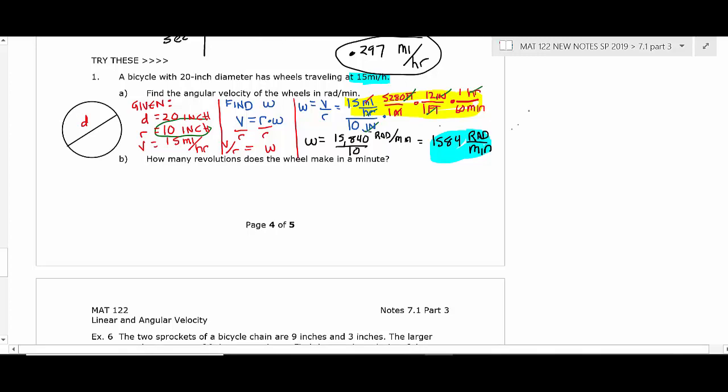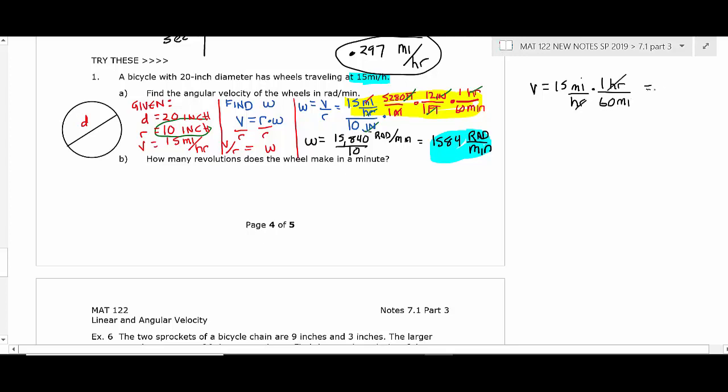I am going to just kind of do what I was doing over here. So again, if you had the linear velocity is 15 miles per hour, and if you multiplied that to change that to miles per minute, you would have in 1 hour there's 60 minutes.